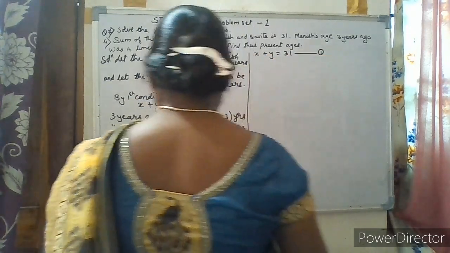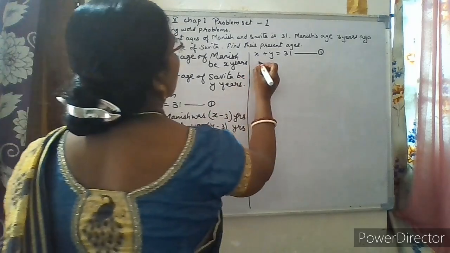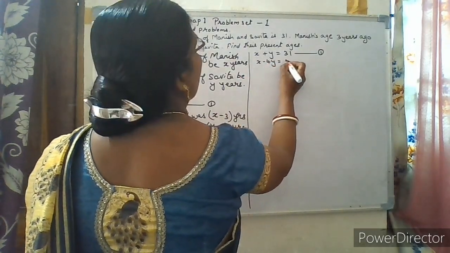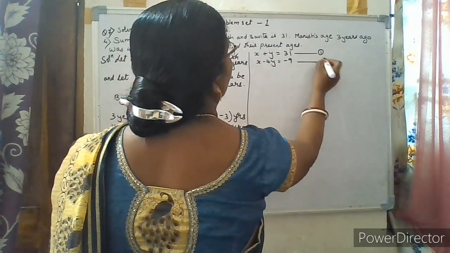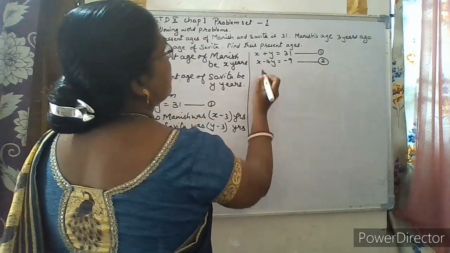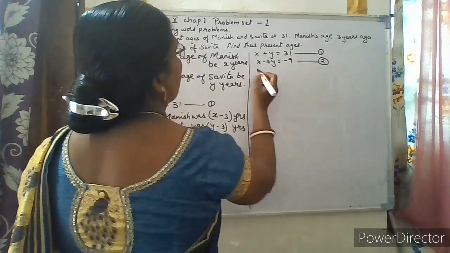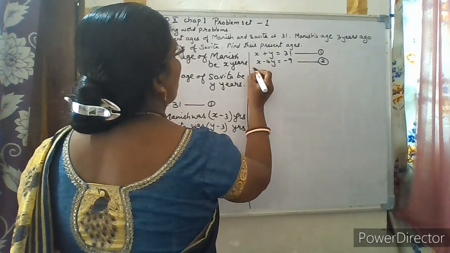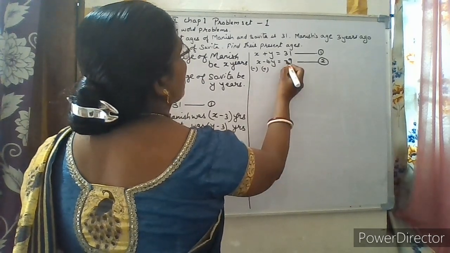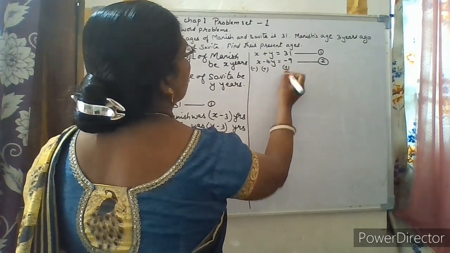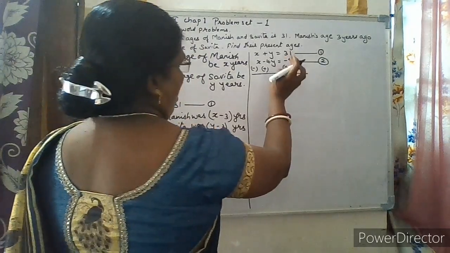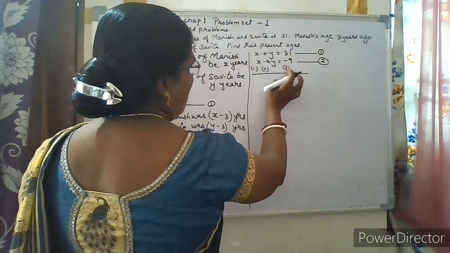Then write equation 2: x minus 4y equal to minus 9. Now we are subtracting, so change the sign of the second equation. This is plus already, so it is minus. This is minus, it will convert to plus. This is minus, it will convert to plus. So add the equations. Now it is 31 plus 9.